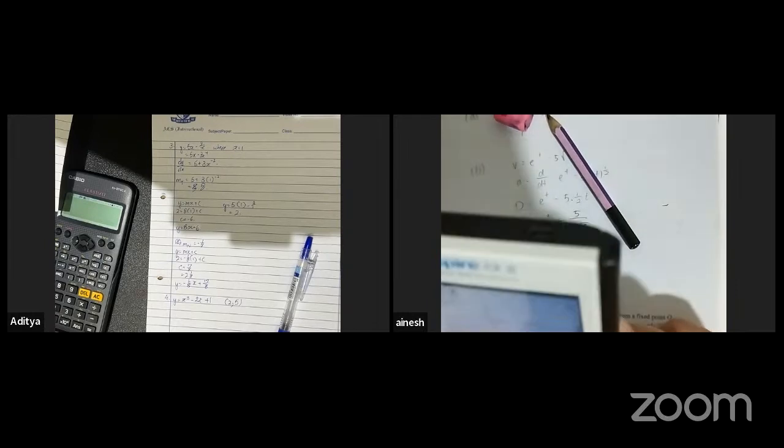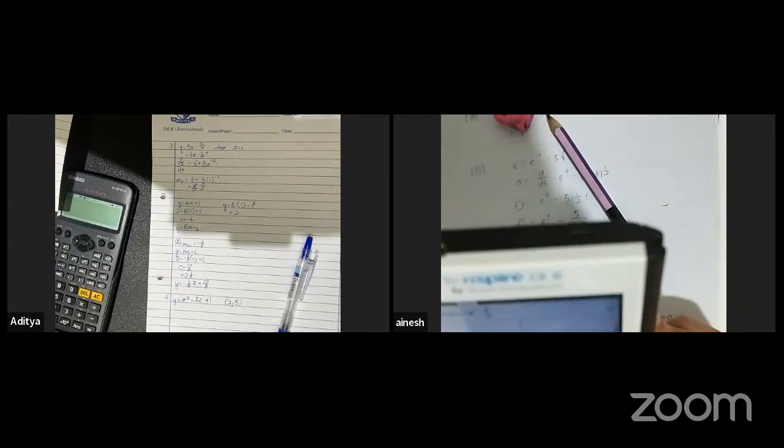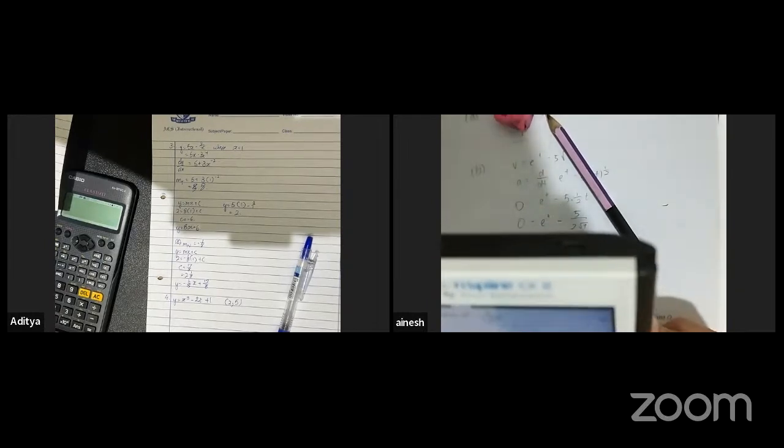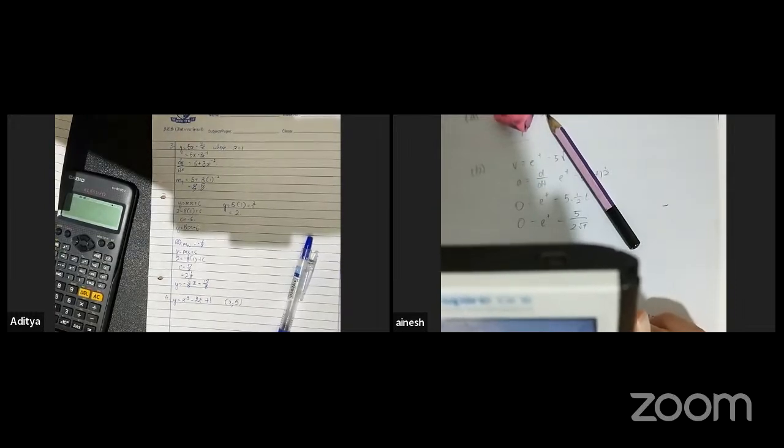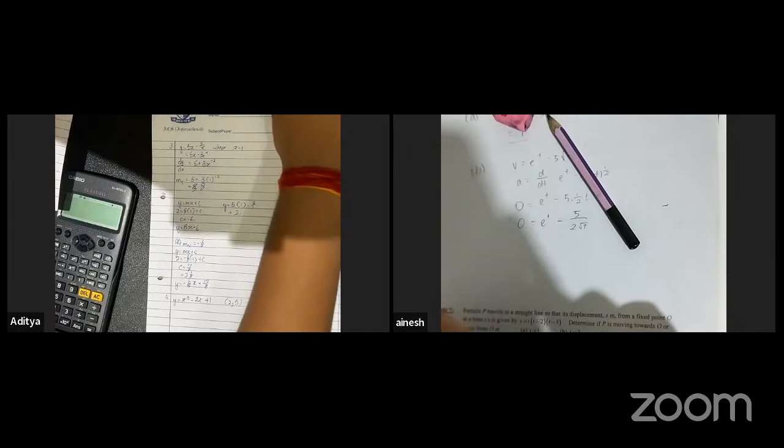Aditya, are you stuck? A bit, very slightly, yes. Suddenly, this becomes a difficult question to understand.